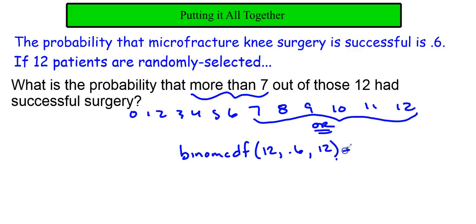I actually need to subtract out all of these probabilities. I need to subtract out all of these, and I do that by taking binomial CDF. That's going to calculate the probability of everything up to the point that I specify. So it's going to be 12, 0.6. And I want to exclude up to 6. So I'm going to specify that.